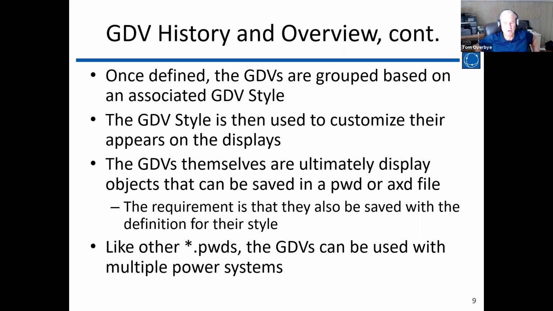And also now we've got large-scale synthetic grids that have geographic information in them as well. The idea on a GDV is you can show the information and then you can customize the information. The GDVs can then be saved as a regular PWD file, or they can be saved as an aux file, which lets you edit them however you would like.